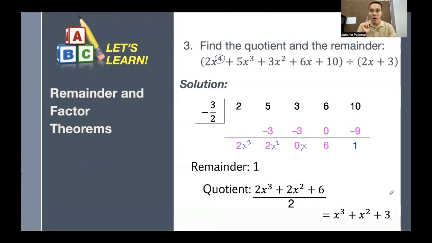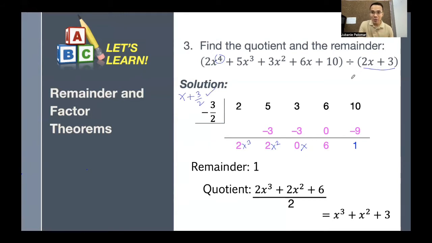Now, why do we have to divide the quotient by 2? Remember, our divisor is negative 3 over 2, and this is actually coming from the factor x plus 3 over 2. Is this the same as our divisor in the problem? No. So how can we get this kind of expression from our original divisor?